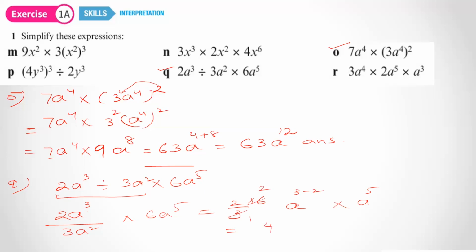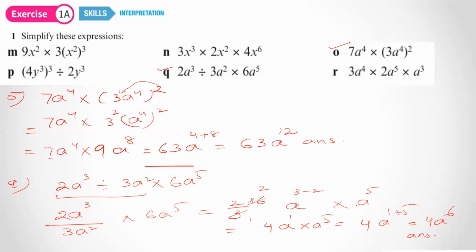And then it will be a power 3 minus 2 is 1, but here a power 5. So we write again 4 times a power 1 plus 5, which will be 4 times a power 6. This will be the answer. Okay? Hope you understood it and you are ready to do the rest of the questions.